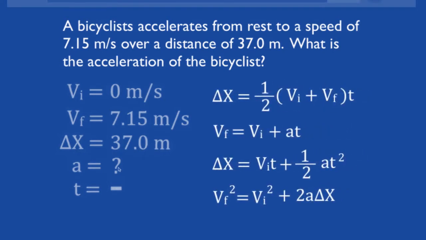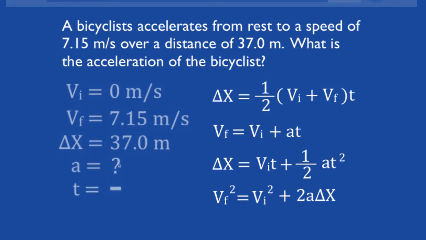Get your kinematic equations. You should remember in each kinematic equation there are 4 variables. If you are given 3 and you can solve for the fourth, we need to find the equation that has the acceleration in it and also has these other 3 variables. I am going to go through each one at a time.